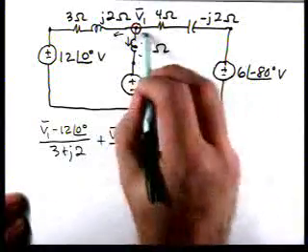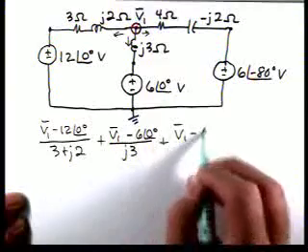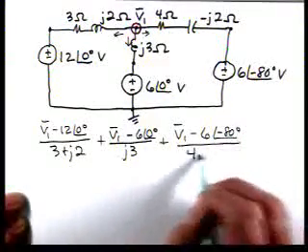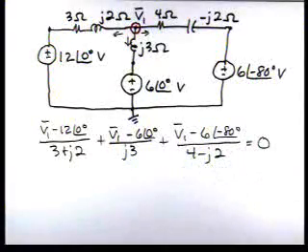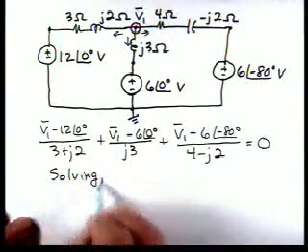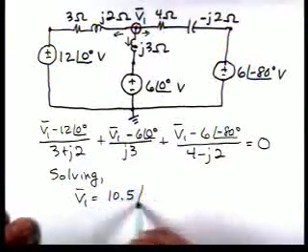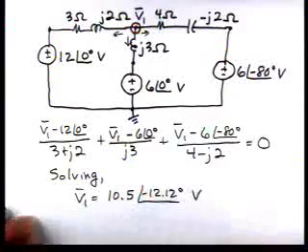And then the current leaving in that direction, (V1 minus 6 at an angle of minus 80) over (4 minus j2), is equal to 0. And if we solve, we get V1 equal to 10.5 at an angle of minus 12.12 degrees.